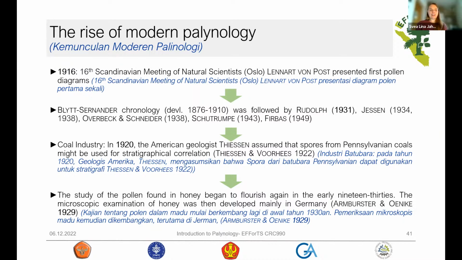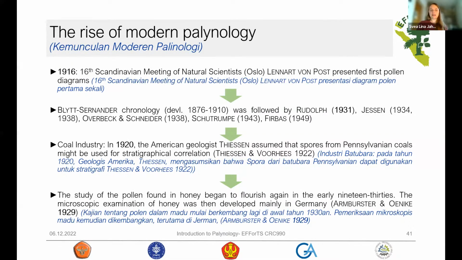And then we have, for example, the coal industry suddenly becoming very interested, only 4 years later. So the American geologist Jason assumed that spores from, for example, Pennsylvanian coals might as well be used for stratigraphical correlation.